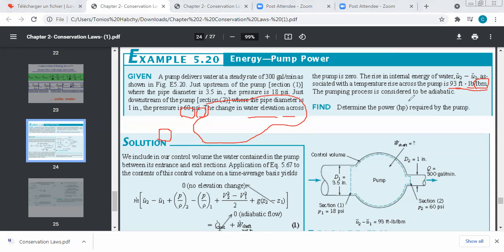We should convert length from inch or meter to feet. For the force, the unit is lb. For gal, we should convert it to feet cube, and for minute we should convert it to second. In this way we'll be in English engineering units.